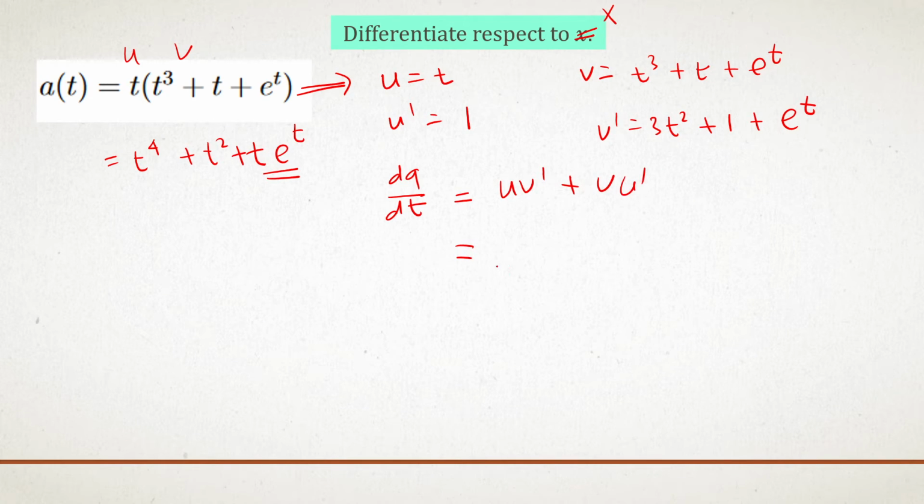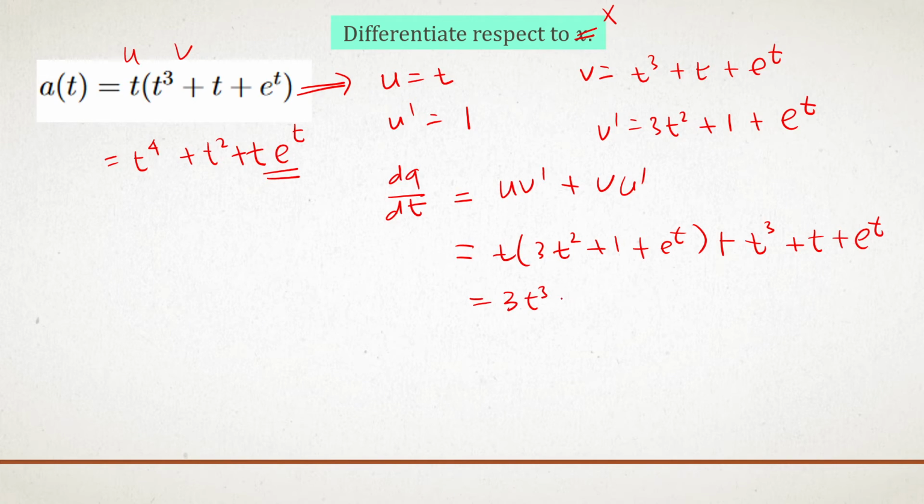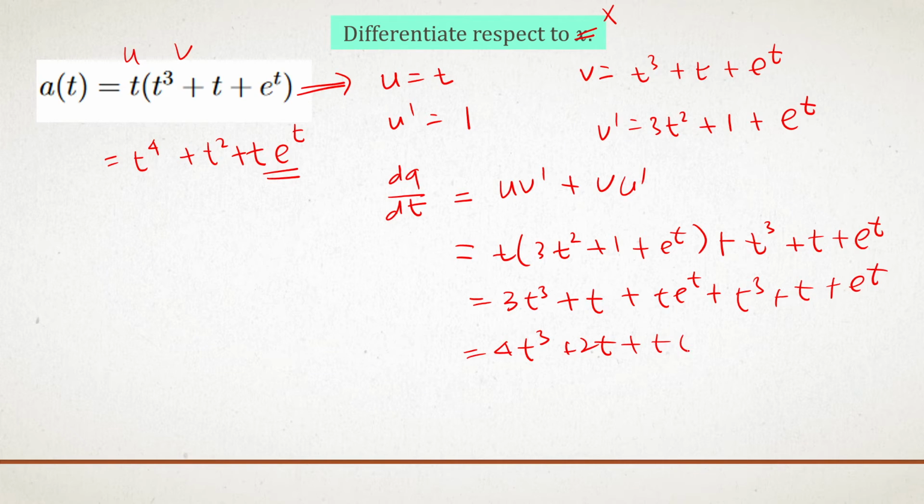So my uv prime is t times 3t squared plus 1 plus e^t, and then plus vu prime, which is t cubed plus t plus e^t. Okay, if you want, you can expand this one: 3t cubed plus t plus t e^t plus t cubed plus t plus e^t, and finally you have 4t cubed plus 2t plus t e^t plus e^t.